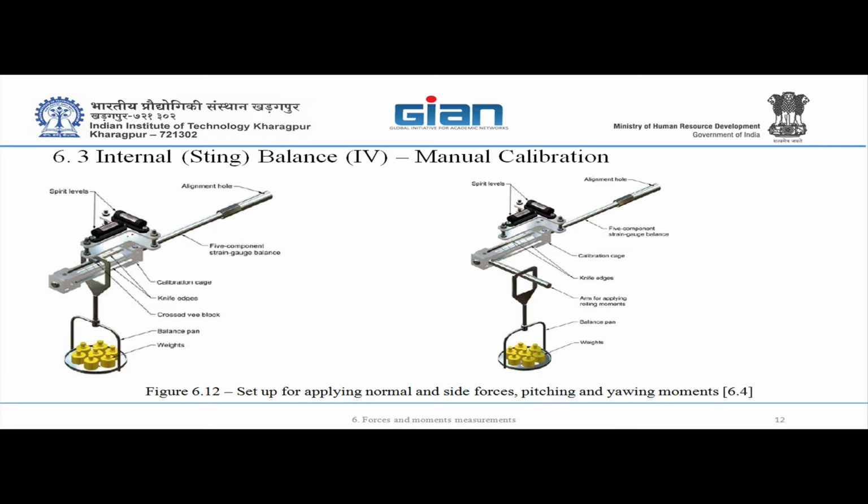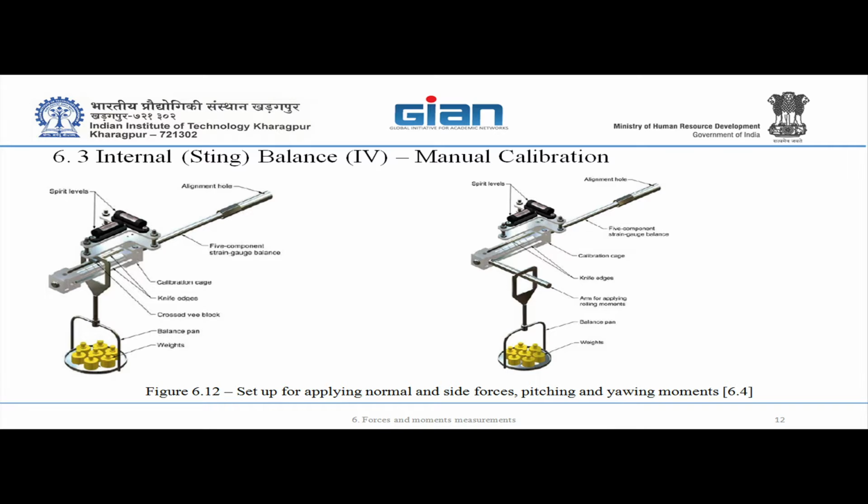Now I have a suggestion for my friends when they start building their calibration machine. Loading, we can have pitching moment also. Yes, you just roll it from pitching to the side. With this right side loading, it will give rolling moment about the balance axis and also pitching moment about the balance center.